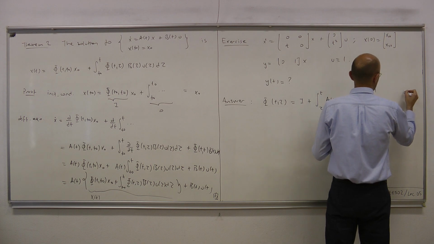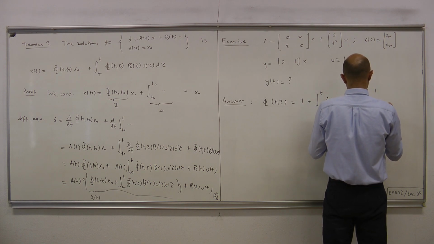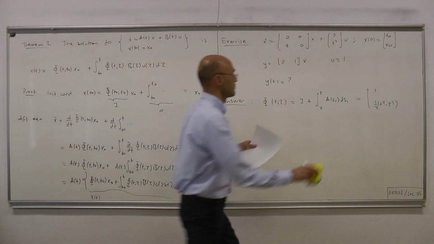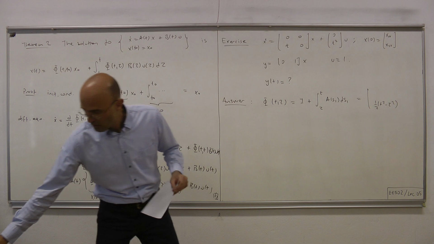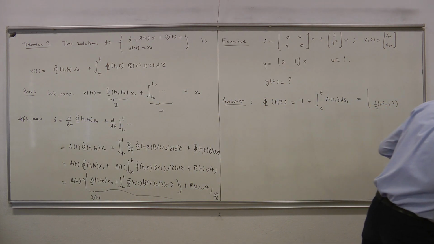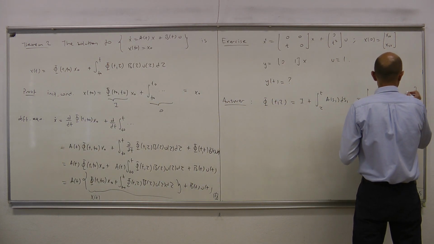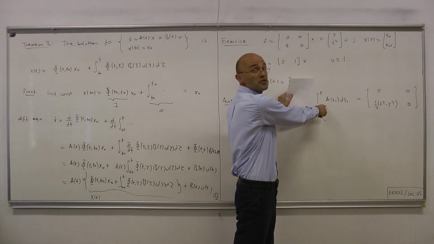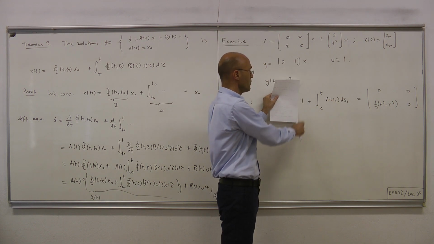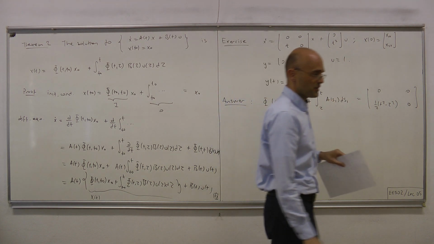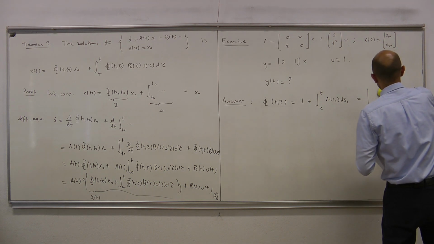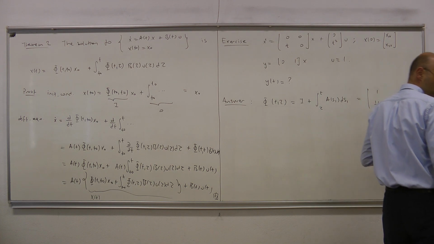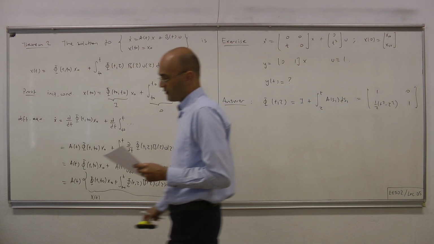It turns out to equal (t squared minus tau squared) over 2, and zeros elsewhere. This is the result of this integration, and to that we're adding the identity matrix. So these entries here would be 1, 1, and 1 here. That's our state transition matrix.